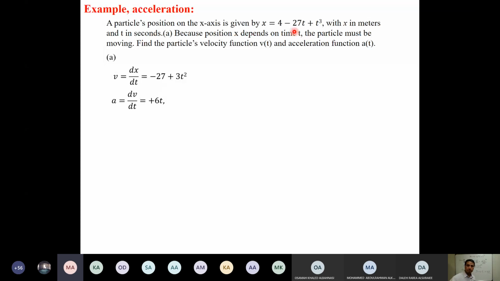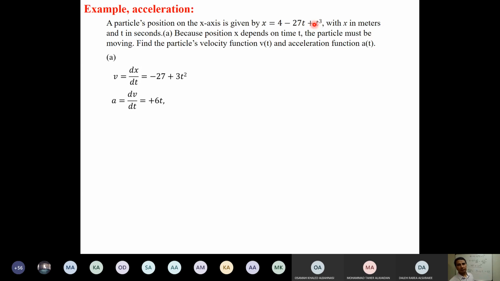Teacher, I don't understand this question. The second part or the first part? Both. Okay, do you see the slides here? Yes. You take this equation, x equal to 4 minus 27t plus t cubed. This is the equation you started with. Whenever we talk about velocity, velocity is the time derivative of the position.